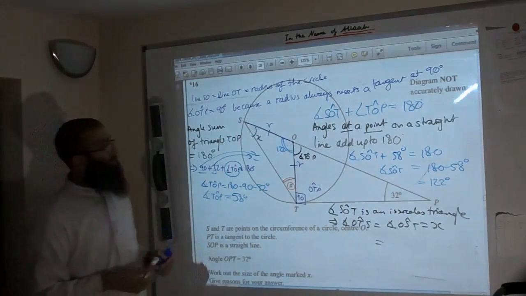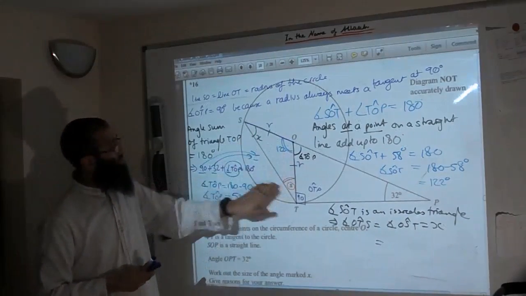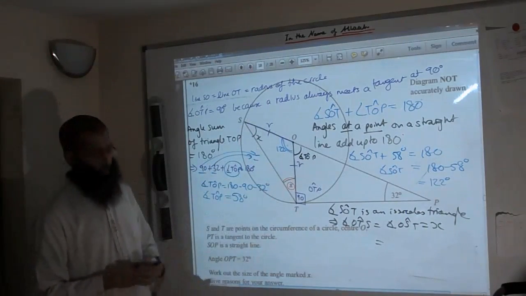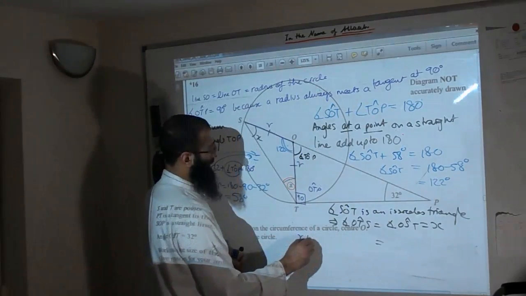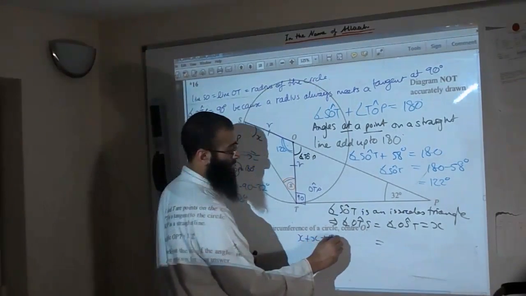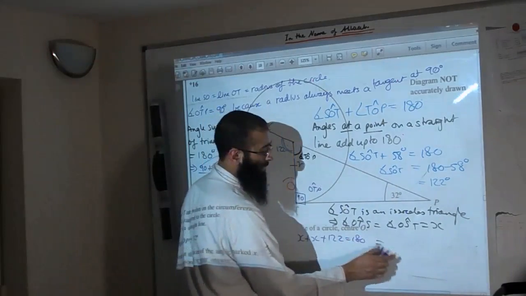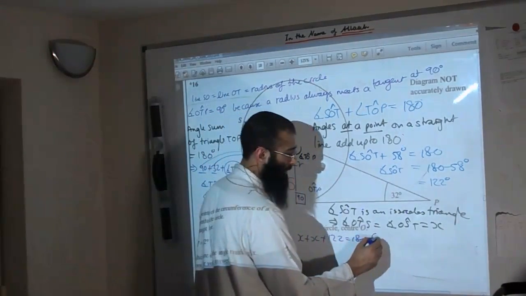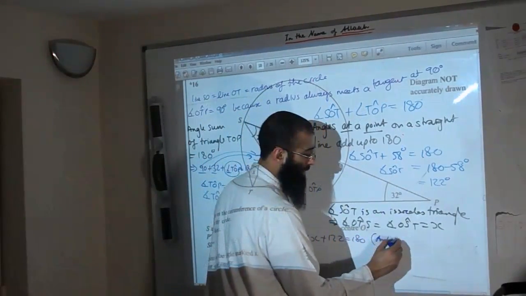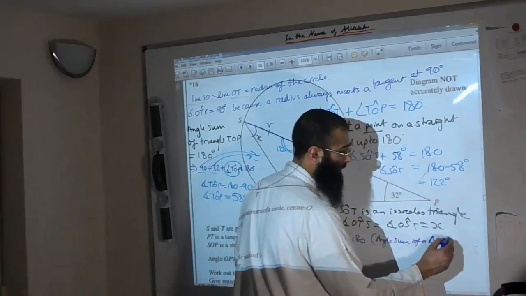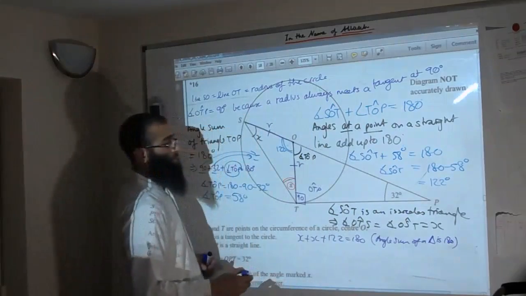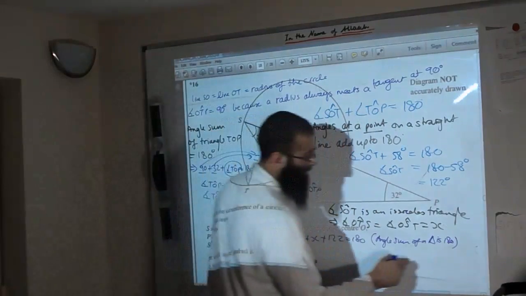Now, the last part of the calculation is, what do all these angles add up to? 180. Okay. So we say that x plus x plus 122 is equal to 180. And the reason for that is the angle sum of a triangle is 180. Which triangle? Triangle SOT.